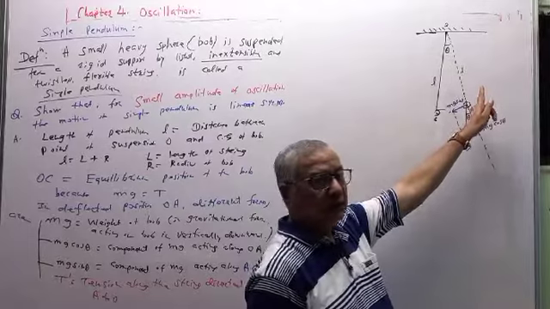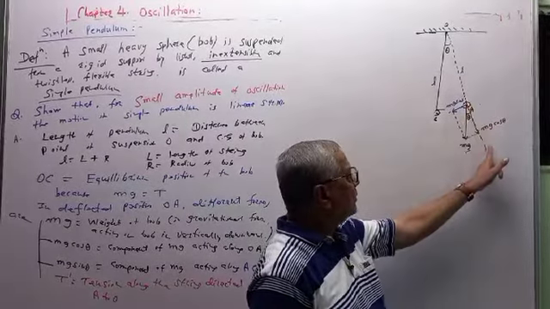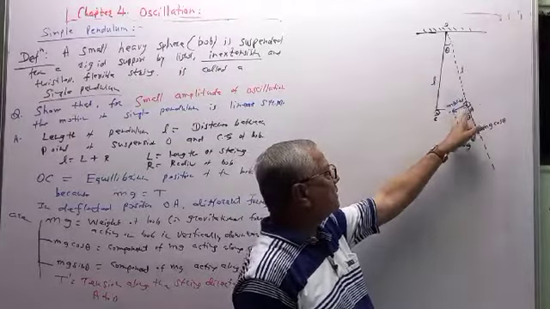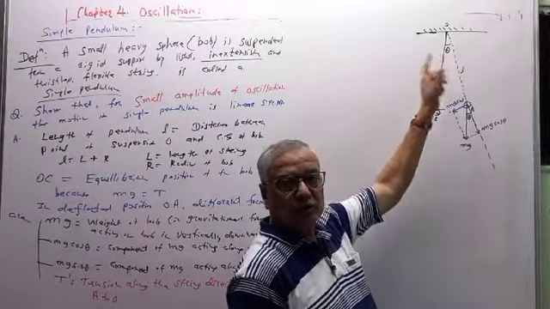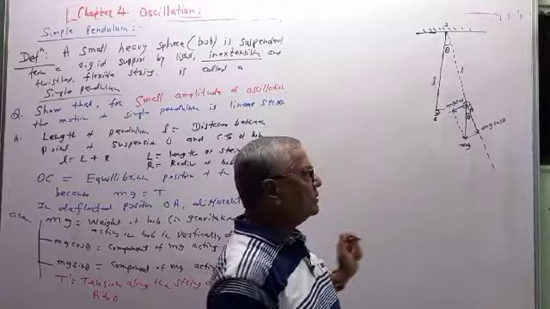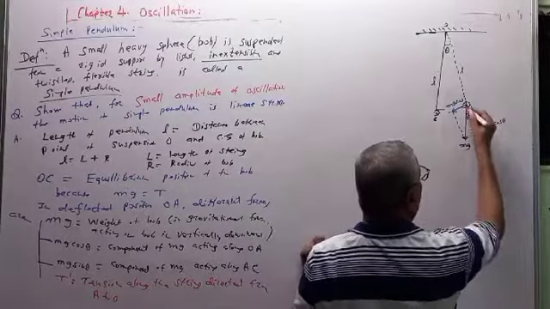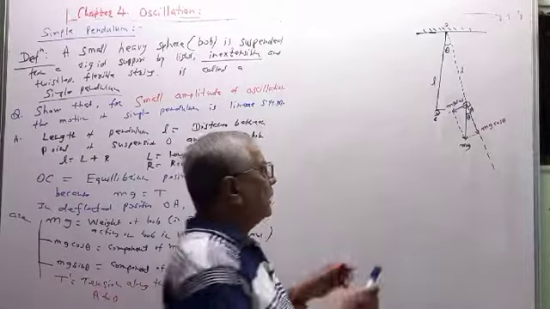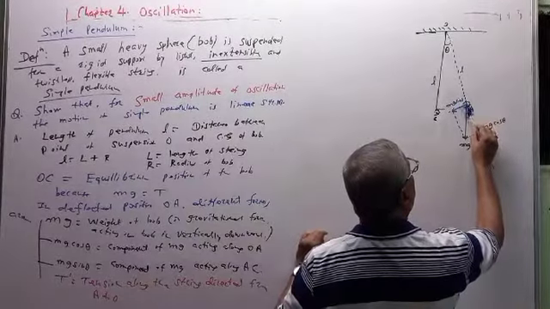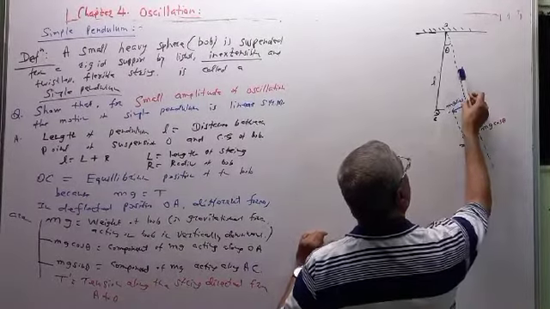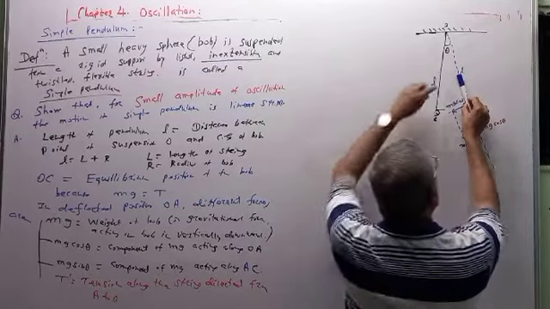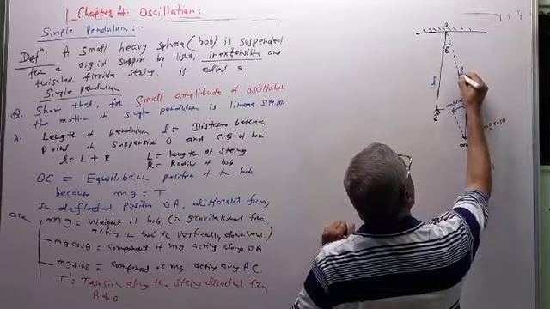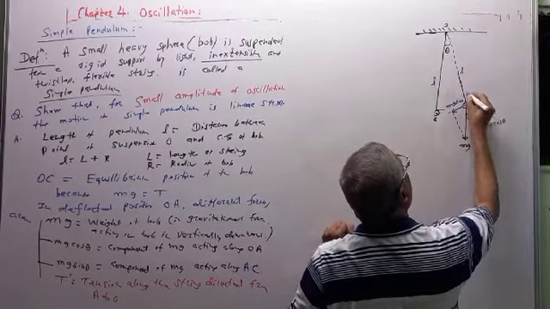So this mg cos theta is directed along OA, away from O, and tension is directed along this. So these two forces will balance each other. And in the figure, we have to draw this T dash arrow so that its length is equal to the other, up to here. So this is T dash.